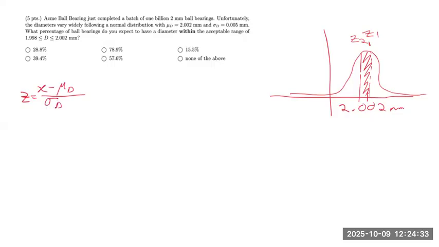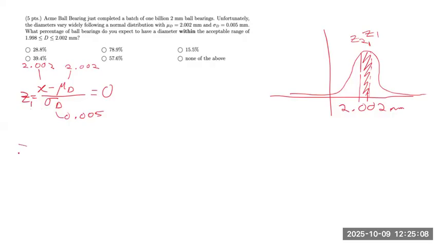So our x value at 2.002 millimeters is equal to the mean, 2.002 millimeters. And the standard deviation is 0.005 millimeters. So the z-score is 2.002 minus 2.002 over that, which is 0 over 0.005, which is 0 for z1.